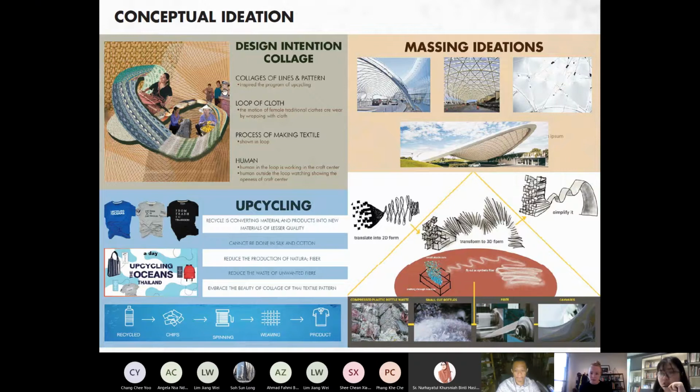So I am taking that kind of motion, and the loop is more like the surrounding where people make textile inside the loop, while visitors see or learn about the process from the outside.